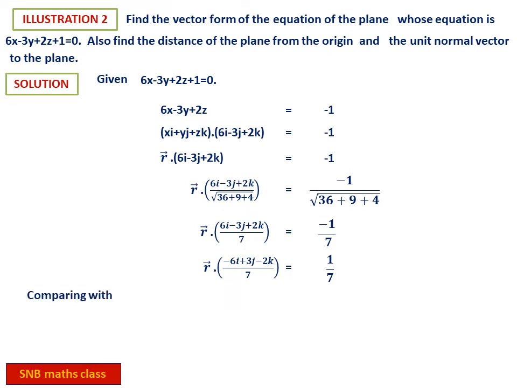That's all. Now this is the required vector equation of the plane. Comparing with r dot n equal to d, n is minus 6i plus 3j minus 2k by 7 and d is 1 by 7. That means the distance from the origin to the plane is 1 by 7 unit.